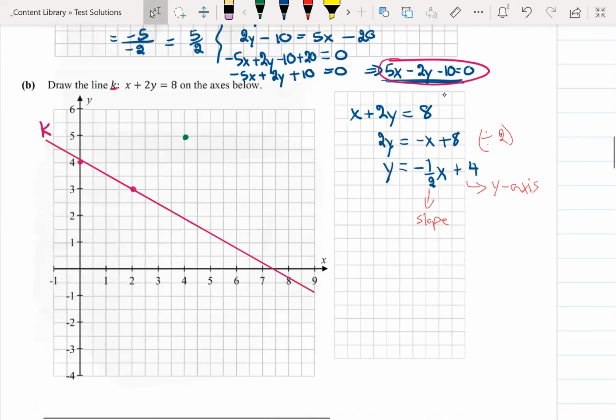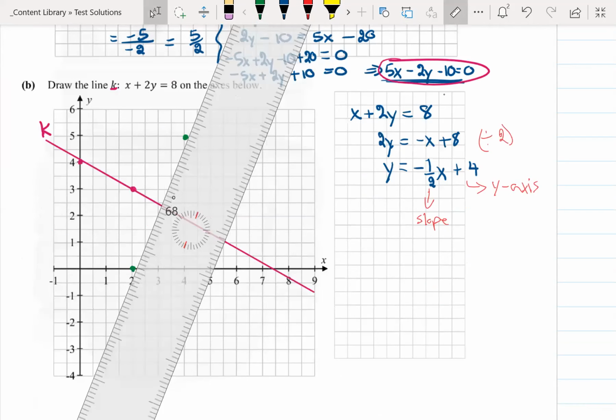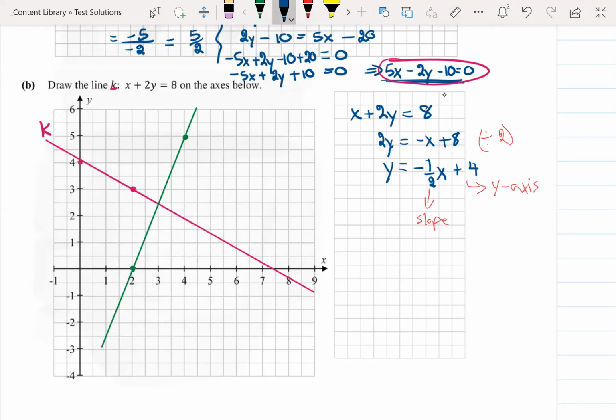So there. Get our ruler and draw a line between them. And where's the point of intersection? It's right here. Point of intersection is 3, 2.5.